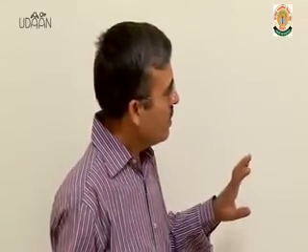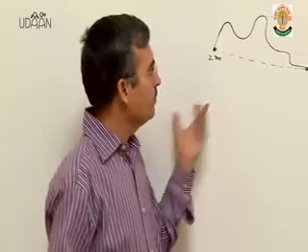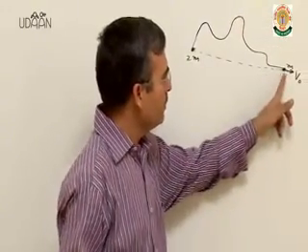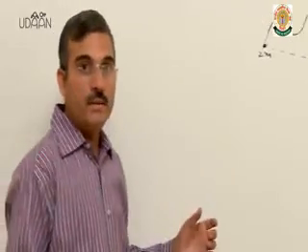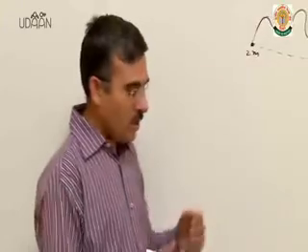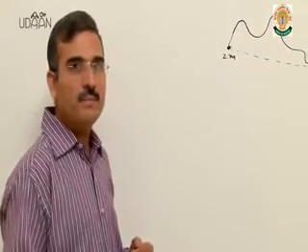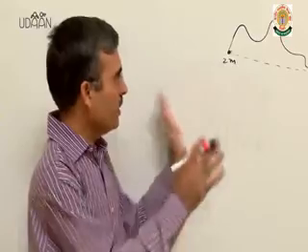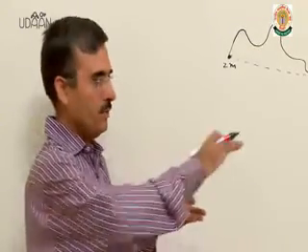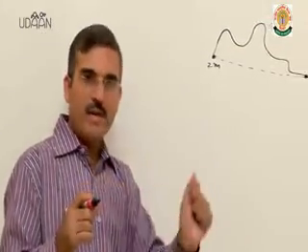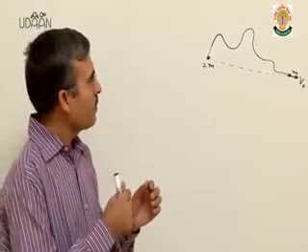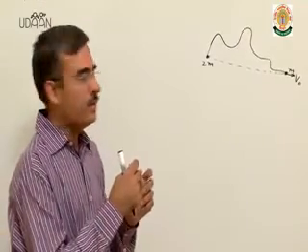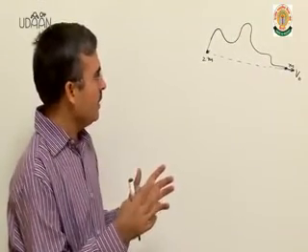The thread is loose at this time, so it will move for some time. When the thread becomes tight, on this block no force is there, since they are kept on a smooth horizontal surface. As soon as the thread becomes tight, force will act suddenly, within a very small time interval.